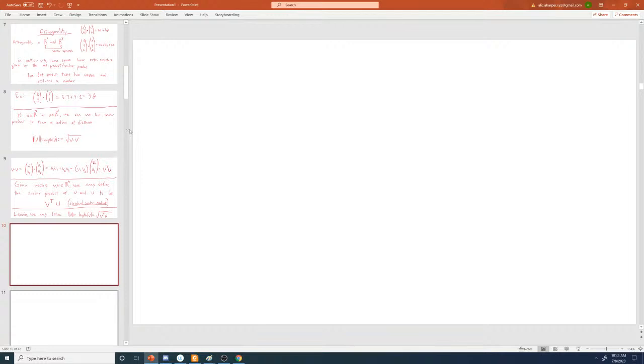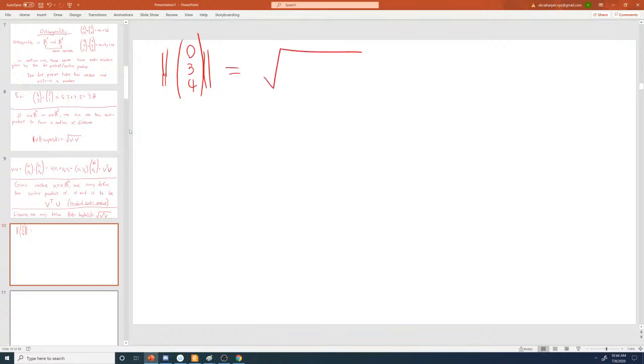So first off, why don't we just compute the length of a vector real quick? Say I try to compute the length of the vector (0, 3, 4). So this is a vector in three-dimensional space.